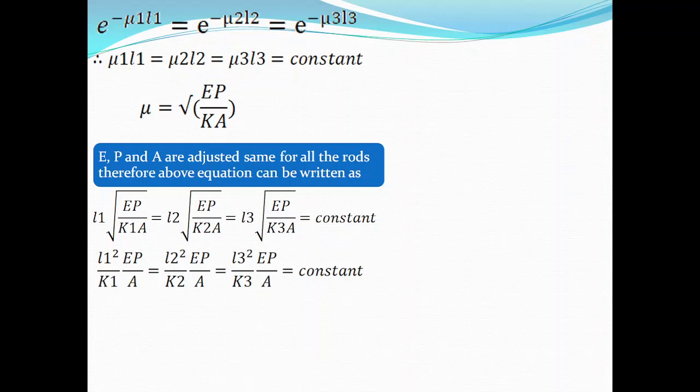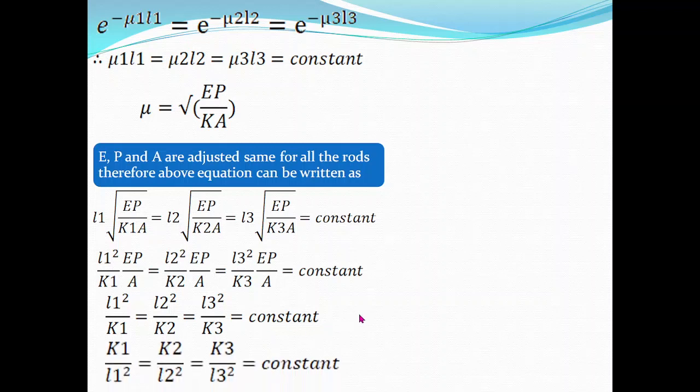In each term, EP upon A is written separately because we know that this is a constant value. We can divide all the terms by EP upon A and it gets cancelled from these terms, and a constant divided by the constant EP upon A is again a constant, and therefore this equation can be modified as L1 square upon K1 equal to L2 square upon K2 equal to L3 square upon K3 equal to constant.